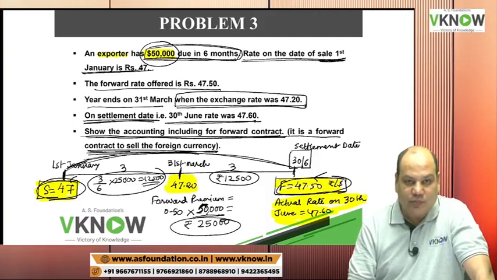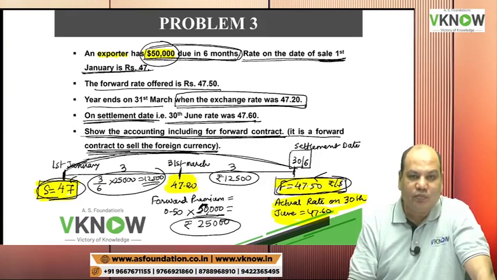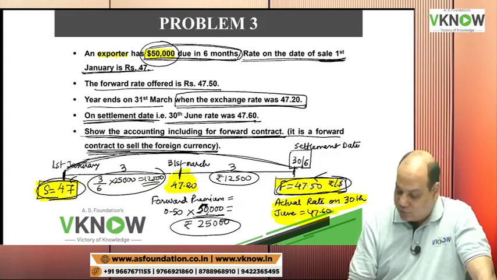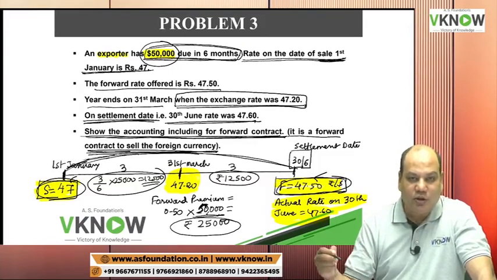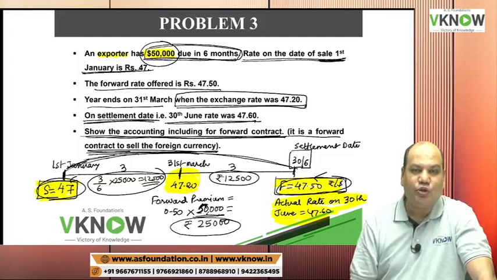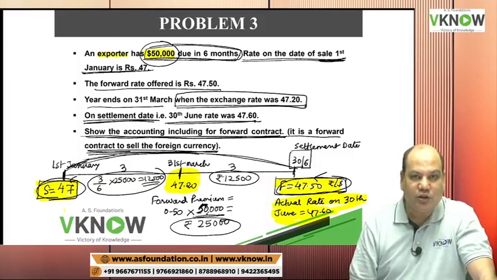AS-11 says a foreign currency debtor is a monetary item, and monetary items are required to be restated at the closing rate. That is why closing rates are given.